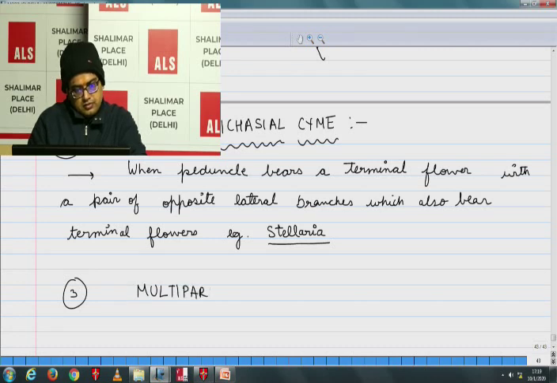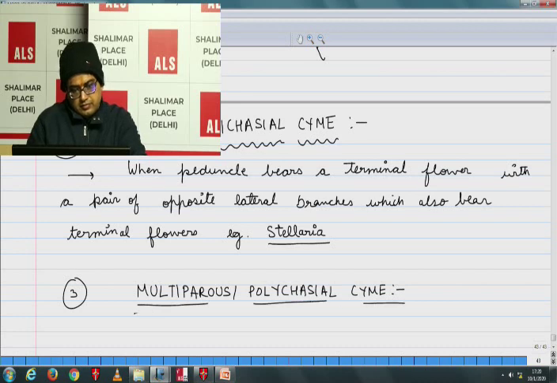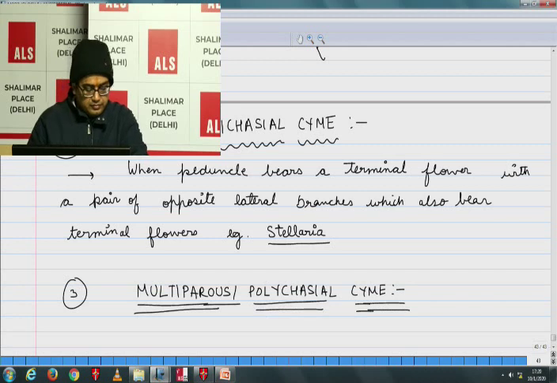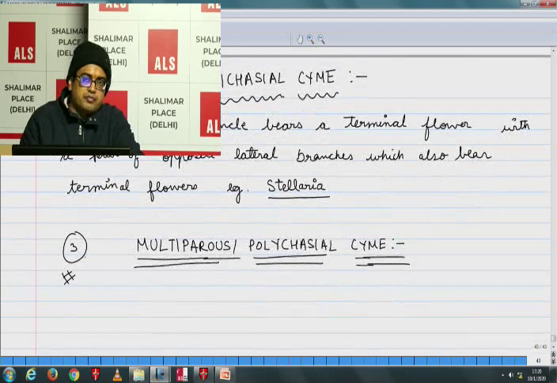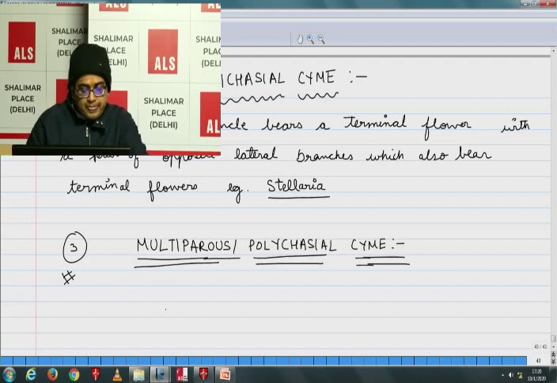Multiparous or polychasial cyme. Okay. For this, you only need to understand the example. Example is important. Example is Calotropis. I'm already telling you.